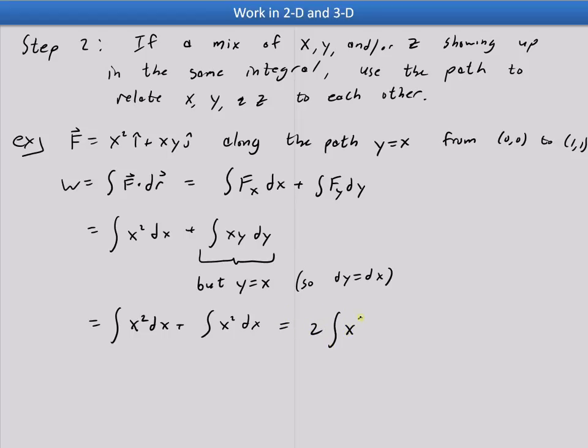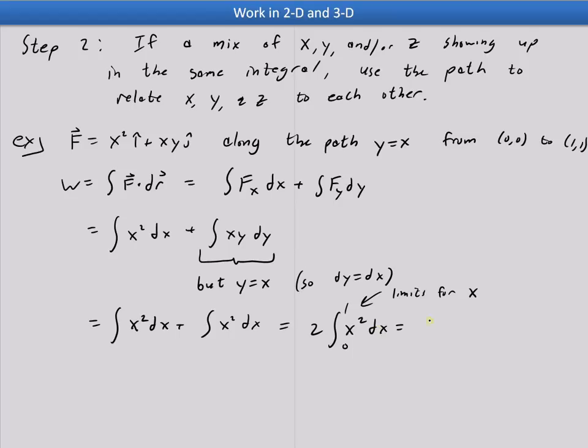So we could write that as 2 times x squared dx, and the limits of this would be the limits of x, which are 0 to 1. Your limits always match the variable that you integrate with.